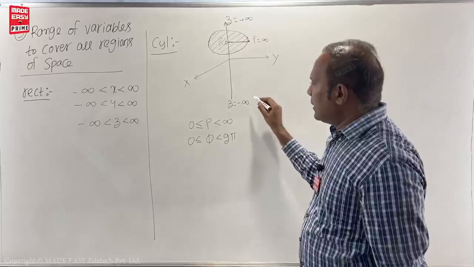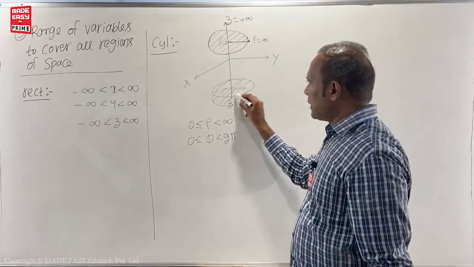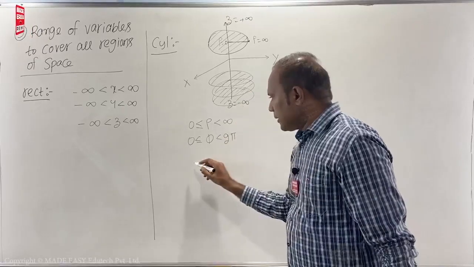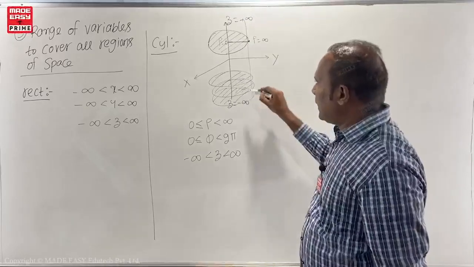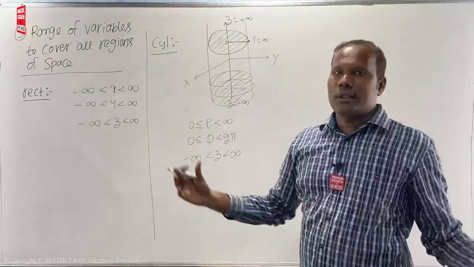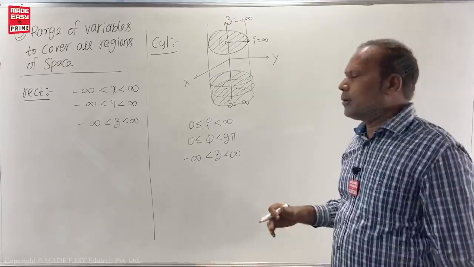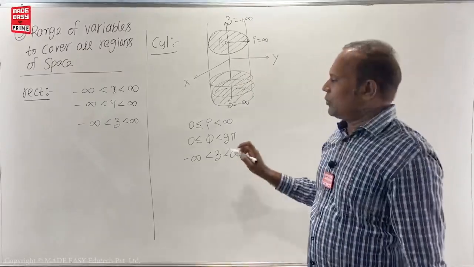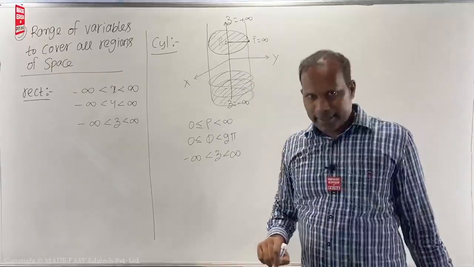Then you put the circles one upon another, like this, from z minus infinity to plus infinity, and we will get a big cylinder, the biggest cylinder, which covers the entire universe. Its radius should be infinity, its horizontal angle should be 0 to 2 pi, and its height should be minus infinity to plus infinity.